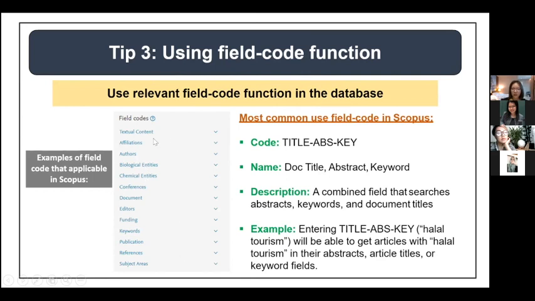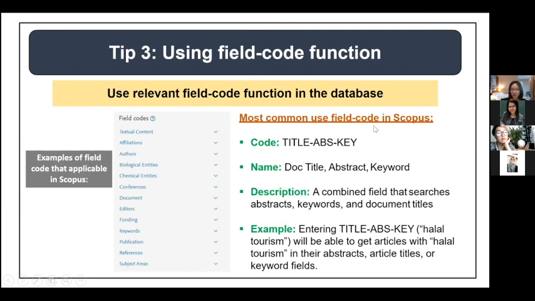The field code function varies according to the database that we use. For example, in Scopus, these are the field codes that are available. But if you want to do a search in the Web of Science, you might need to use a different field code.